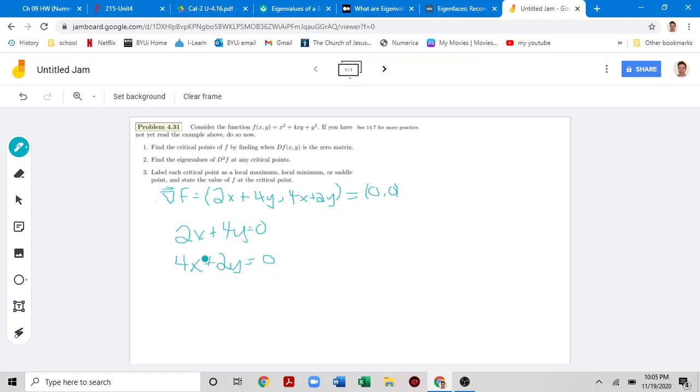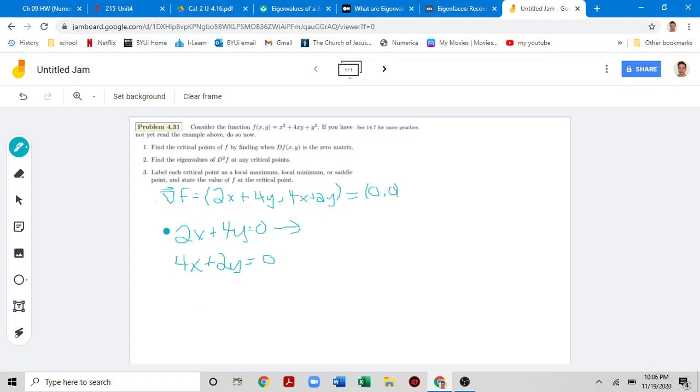To solve for x or y, we could use substitution to solve for y and put it in the other equation. But a cool math trick is that we can change one of the equations so that one of the variables has the same coefficient as in the other one.